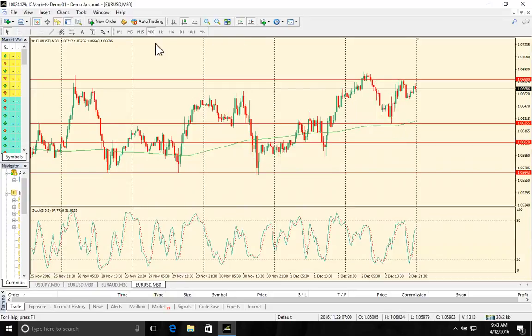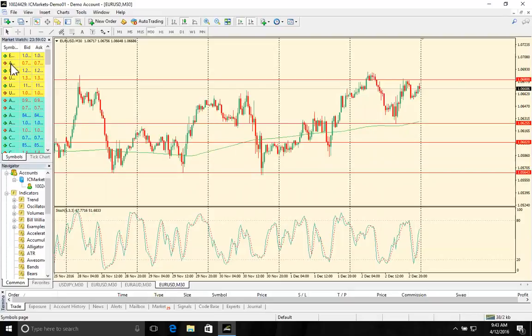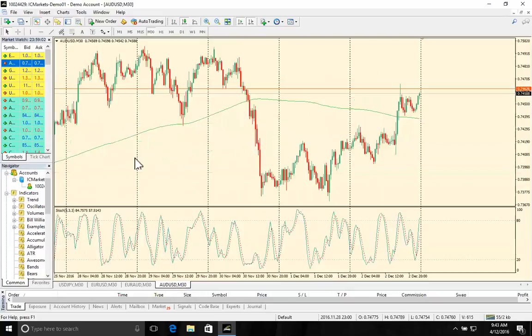Let's try to use the stochastic in the trending market and see, so you can have some idea. Okay, so for example, this is the trending market, right? Up here. You can see this is the low point. Your stochastic is here.